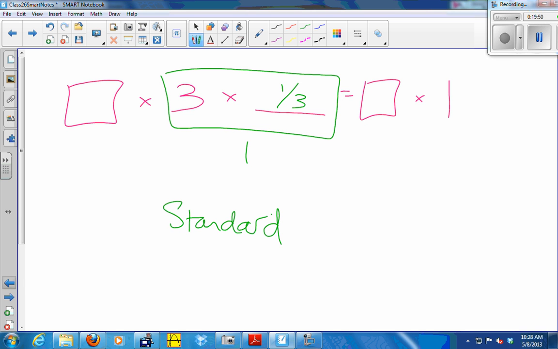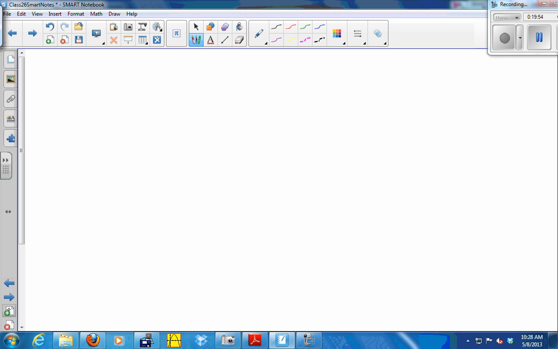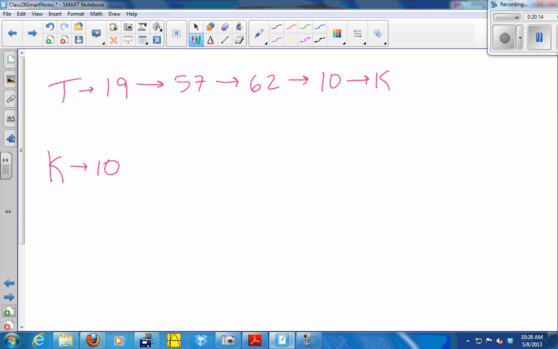Okay. So in modular arithmetic, if I have t, t becomes 19, times 3 is 57, plus 5 is 62, modularize, I get 10, that becomes a k. So to undo, k gets converted to a 10.